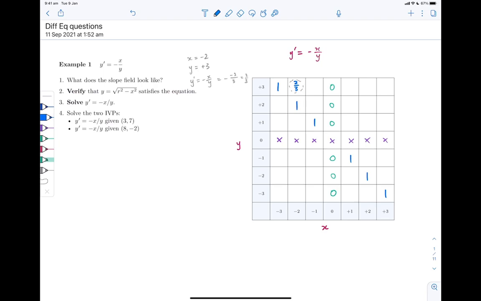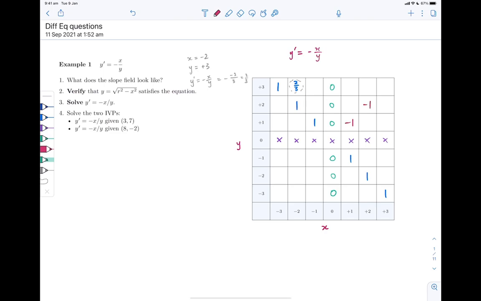All right. Now let's do some negative ones. So this one here is 1 over 1 is 1, but there's a negative out the front, so that's -1.